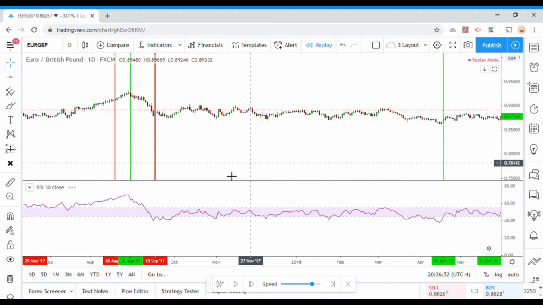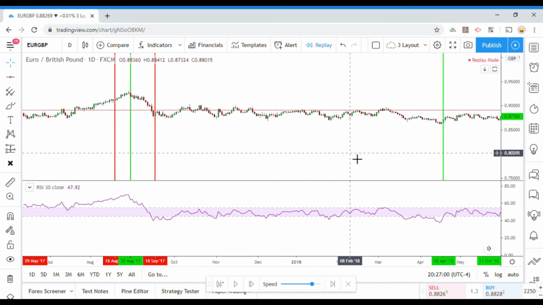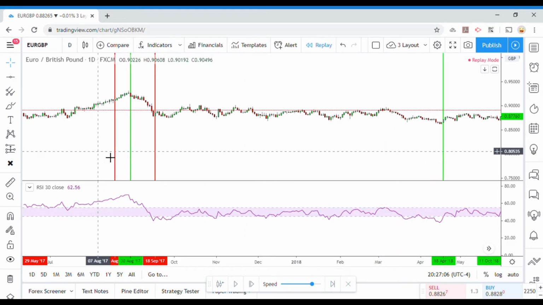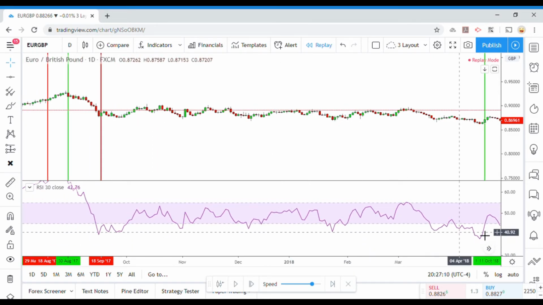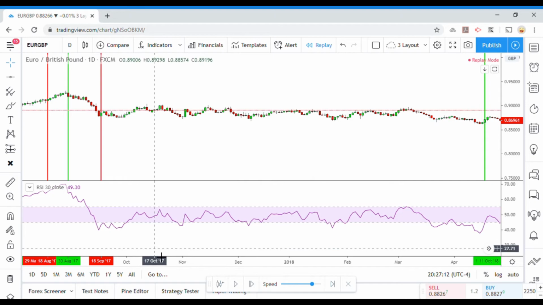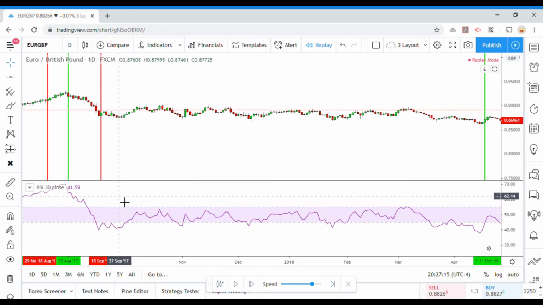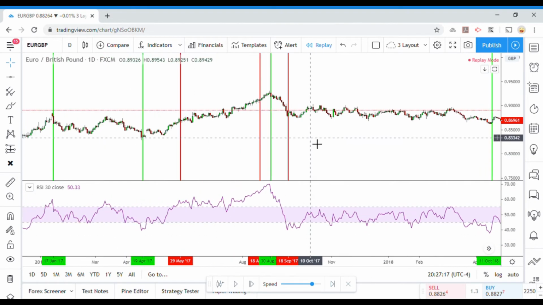Maybe change the input to 30? I'm wondering if the RSI wouldn't make a good volatility filter.